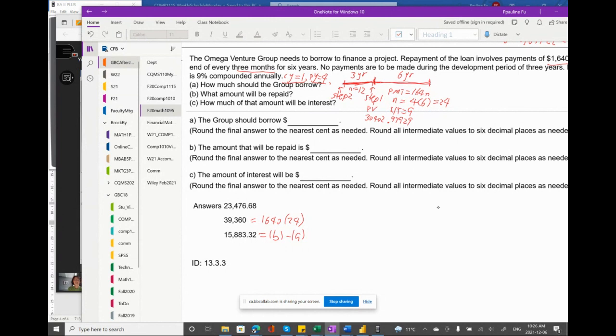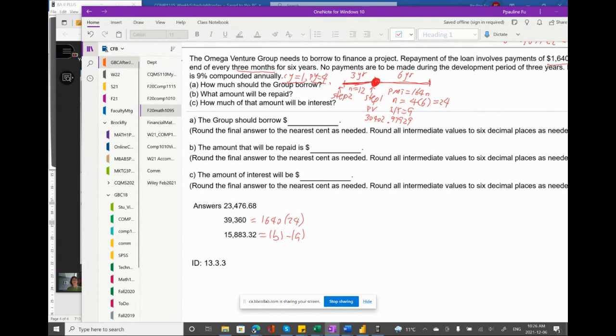During those 6 years, payment is 1,640, term N equal to 6 years times 4, because in 1 year you make 4 payments. So term N equal to 24. Interest is 9. And you can calculate the present value at the beginning of the 6 years.